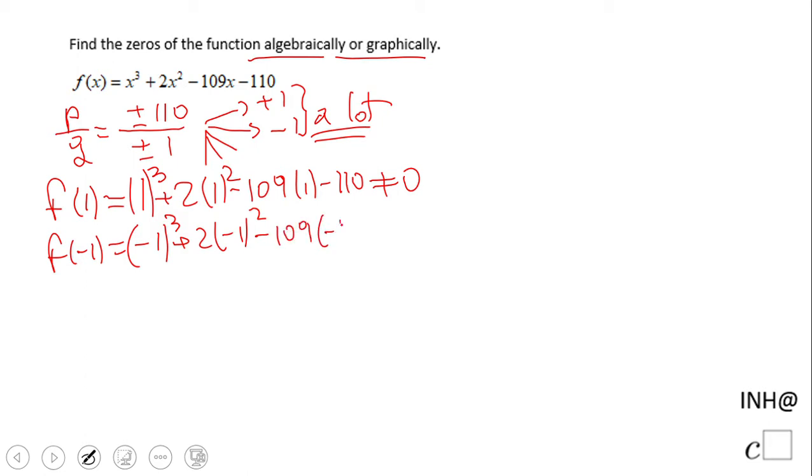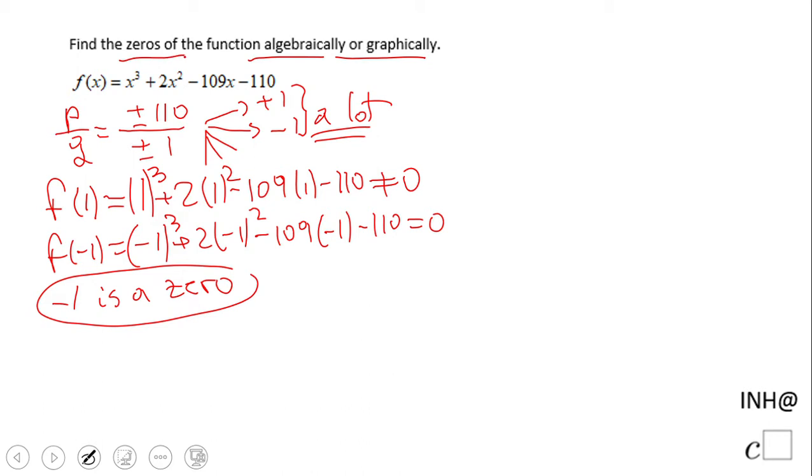This is 0, which is very good, because now I know negative 1 is a zero. I have one of the zeros, and I need to find the other two. Also, let me write here that x plus 1 is a factor. It's also good to know.